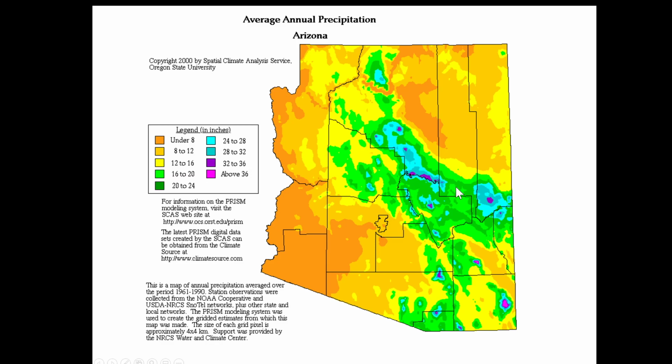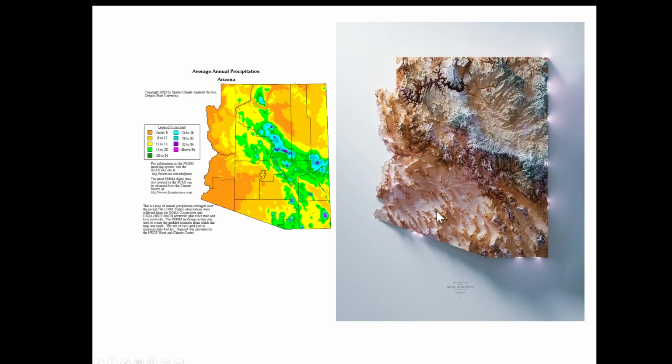Along the Mogollon Rim, it's generally 20 to 24 inches. Down here at Yuma, 2 inches, maybe nothing over 8. In Phoenix, some years we average 7 inches of rain a year. So we go from 7 inches to 40 inches of rain, and a lot of that has to do with the topography.